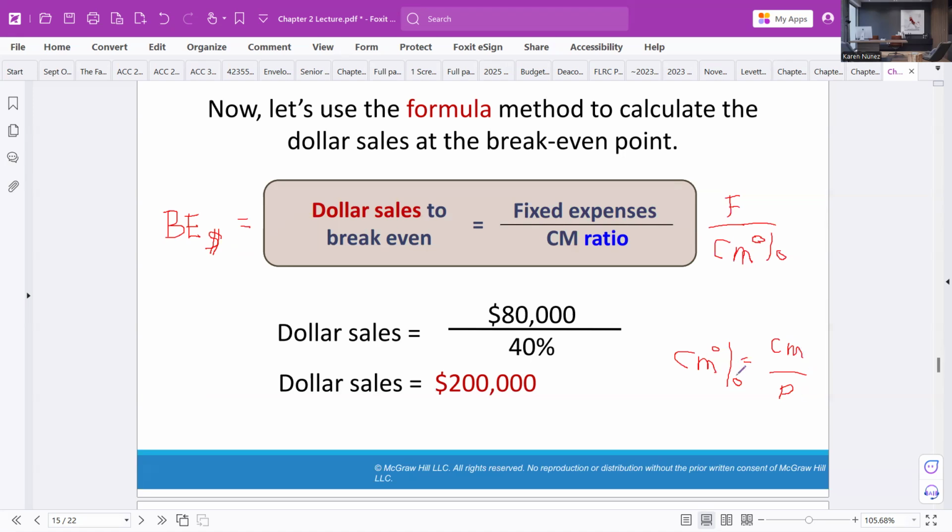Either approach will give you the ratio. And the fixed expenses divided by the ratio gives us the break-even dollar sales. So the break-even dollar sales here is based on taking the fixed expenses divided by the contribution margin ratio. 200,000. They need $200,000 in sales to break even.